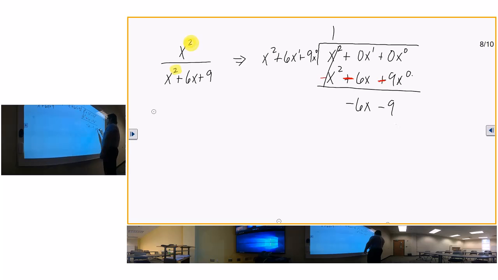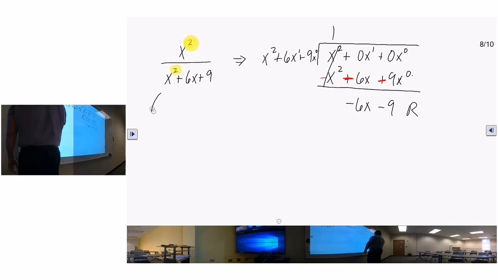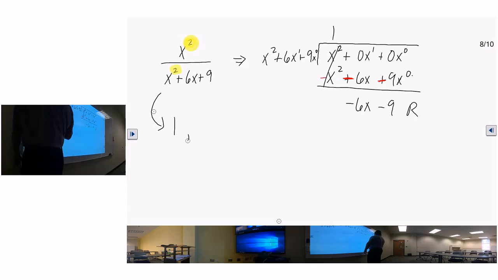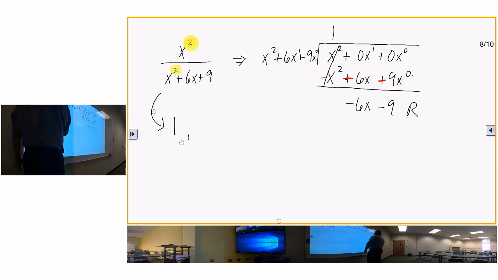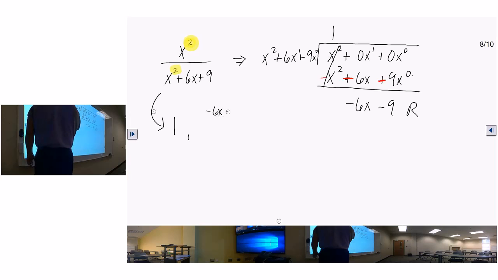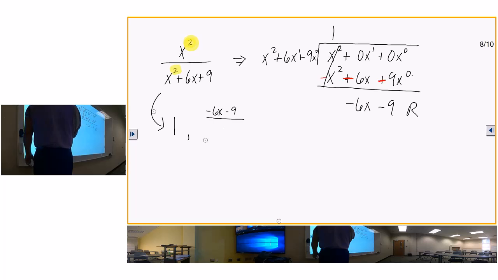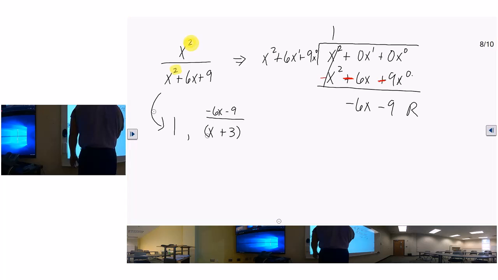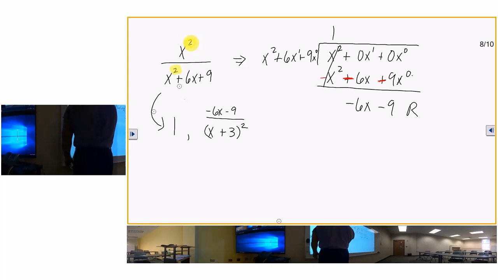So that's the remainder. So we got to rewrite this as 1, and I'm going to put a comma. You can put a plus if you want to, but I'm going to put a comma with the remainder, which is negative 6x minus 9 over x plus 3 quantity squared, because that can be written using shortcut number 1.